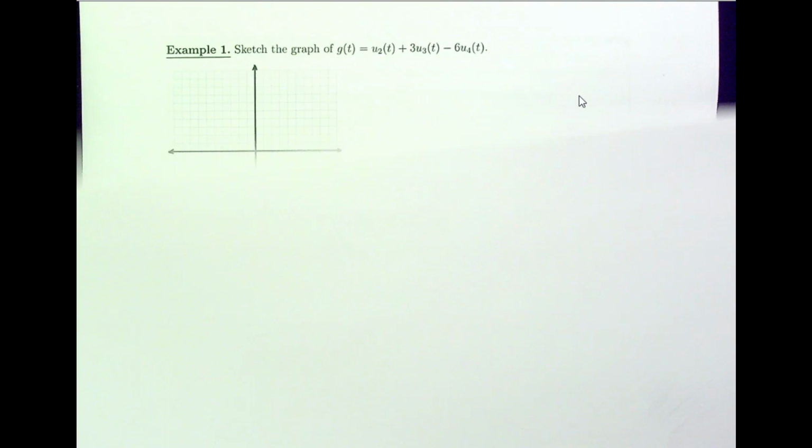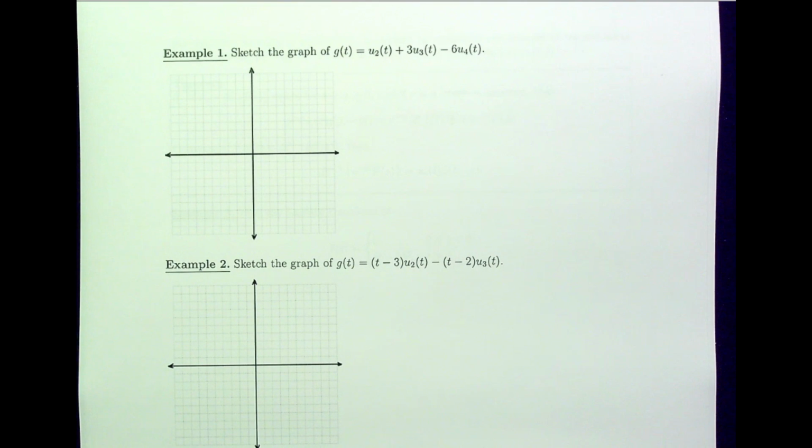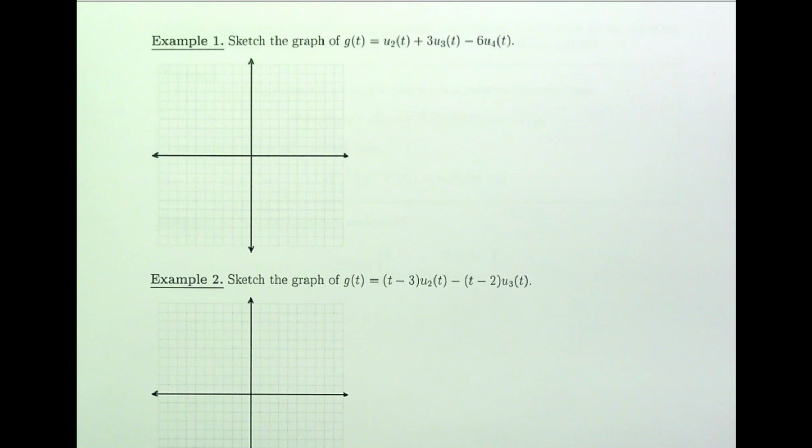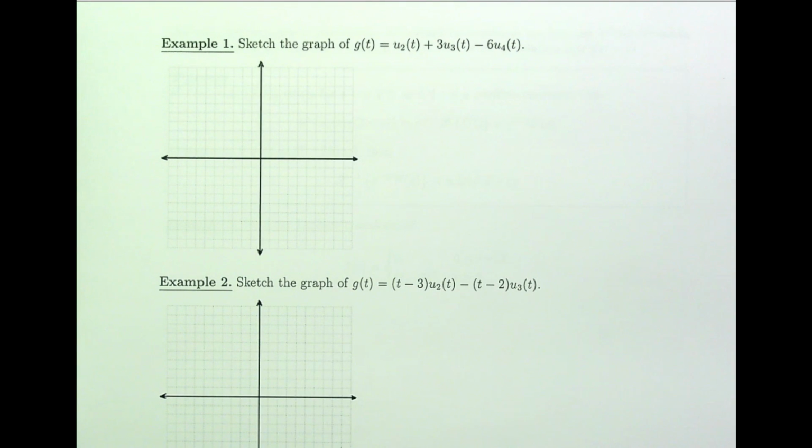So here's the graph I want to sketch. Let me zoom in. We're going to sketch the graph of g of t equals u_2 evaluated at t plus 3 times the Heaviside function at t equals 3, minus 6 u_4. So u_2 plus 3u_3 minus 6u_4.